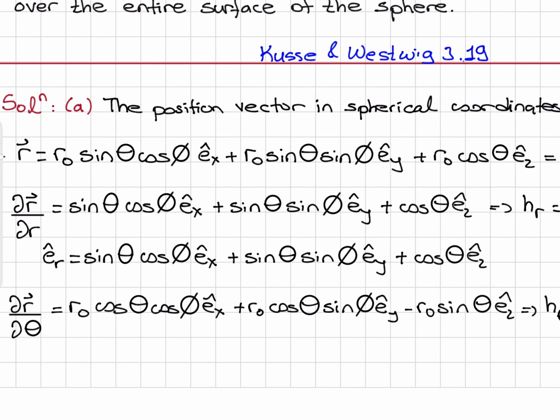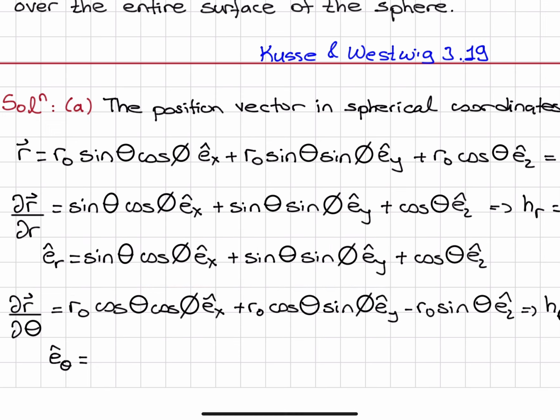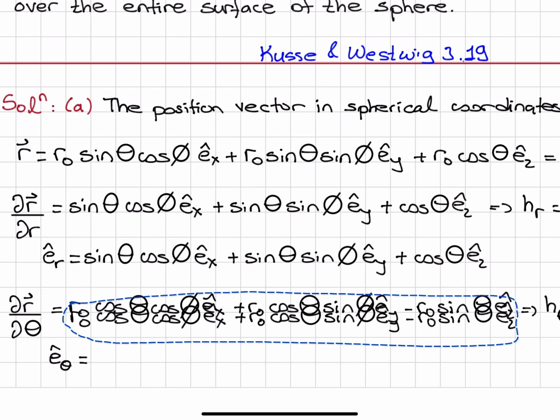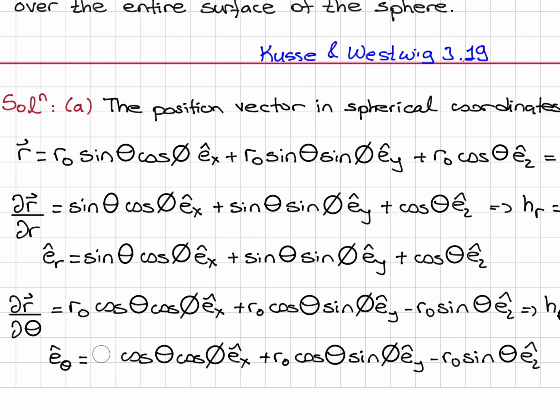So the unit vector e theta hat is the same thing here, but divided by r0, so that we don't have an r0 anymore.